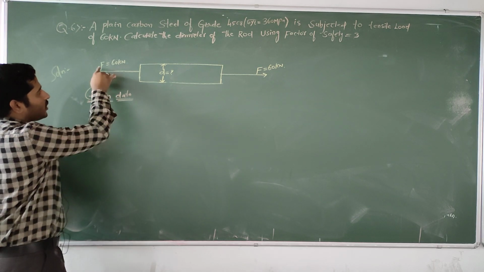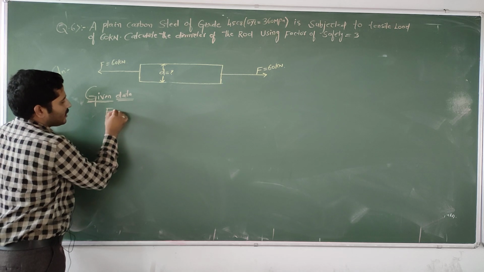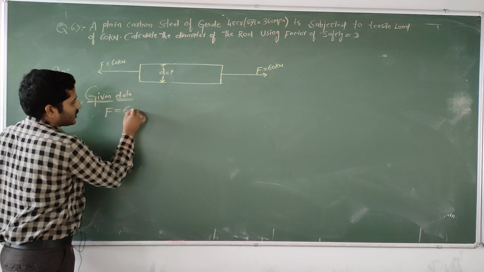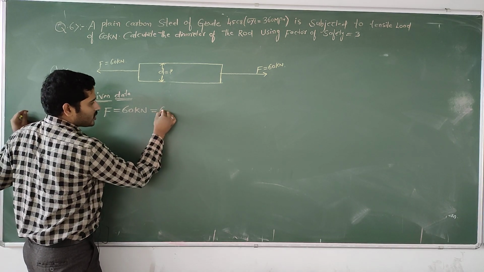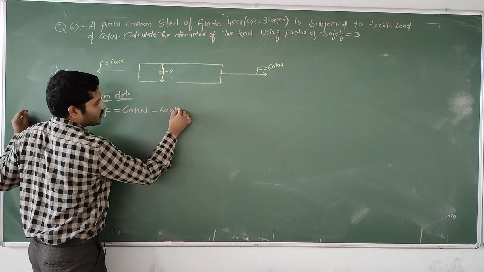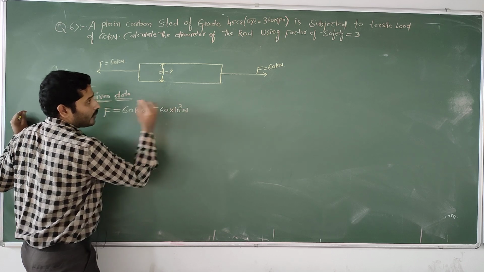In the given data, the force is given as F equal to 60 kilonewton, that is 60 into 10 power of 3 newton.